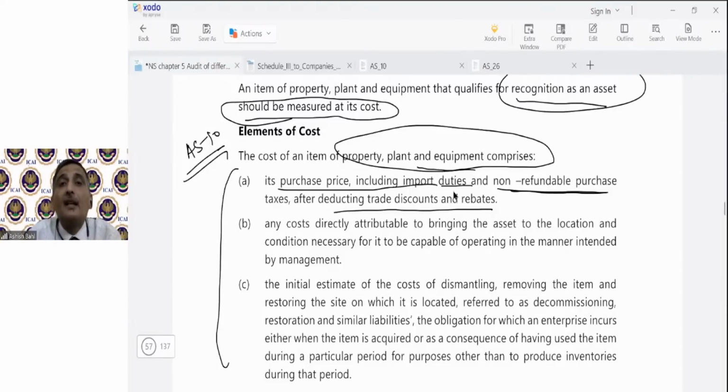It is not an expense to be charged in the profit and loss account. It is not an expense to be shown in the statement of profit and loss, but it goes to form part of the cost of that machinery. Okay.